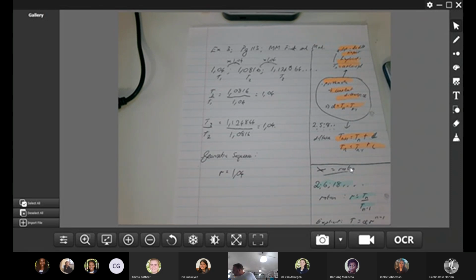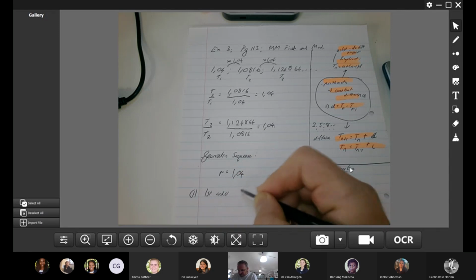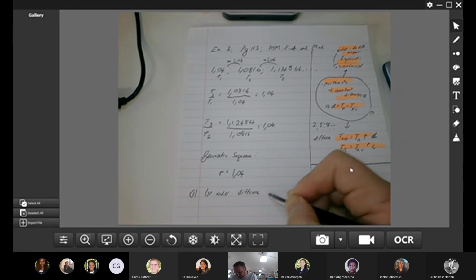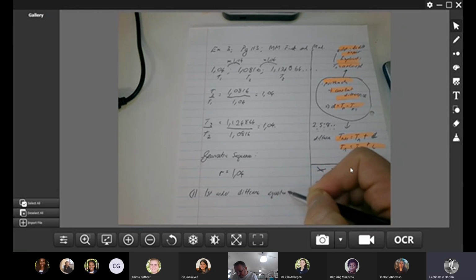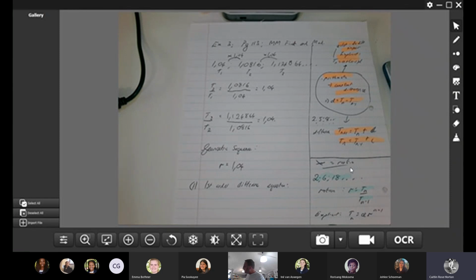So the first question says, calculate the first order difference equation for this sequence. Do you have any idea what that means? Isn't it when you use the term before to determine the next term? Well done.